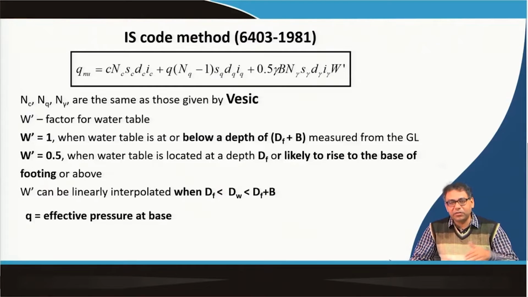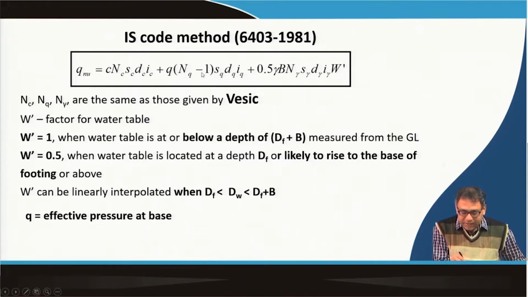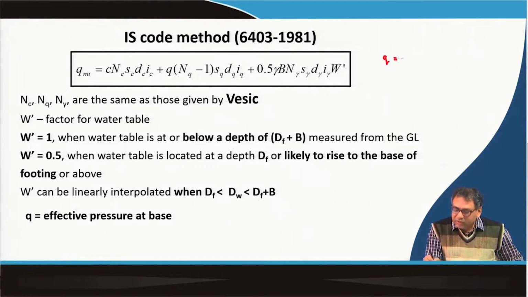So, as per IS code we have to use that, and remember that in other bearing capacity equations the net ultimate bearing capacity is given as ultimate minus gamma Df. Okay. But here that gamma Df part is incorporated, so we know that here q or q0 is gamma Df.